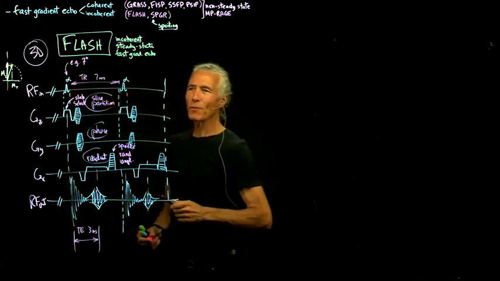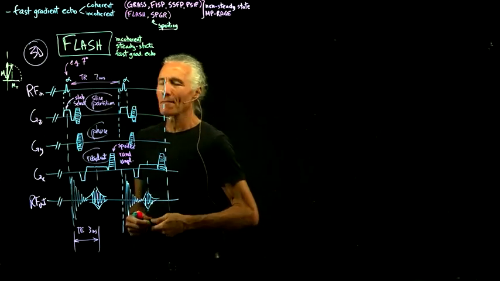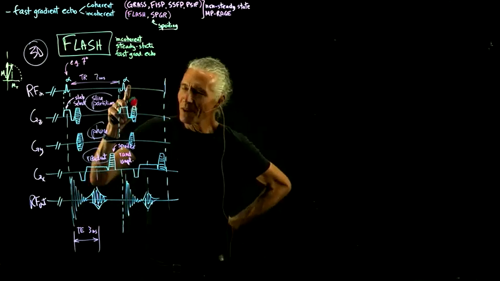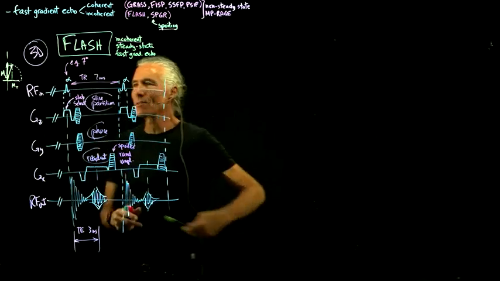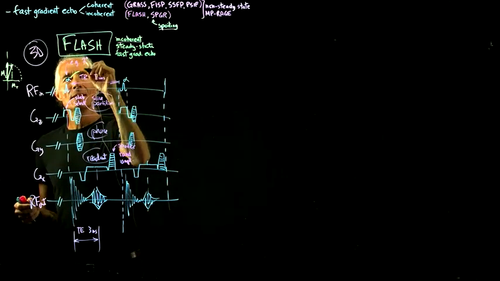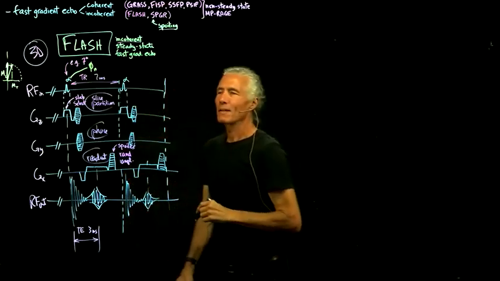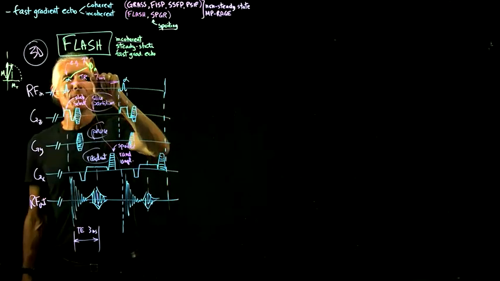And then there's one more thing that we typically do, and that has to do with the phase of the RF pulses. If this RF pulse has phase n, what does that mean?